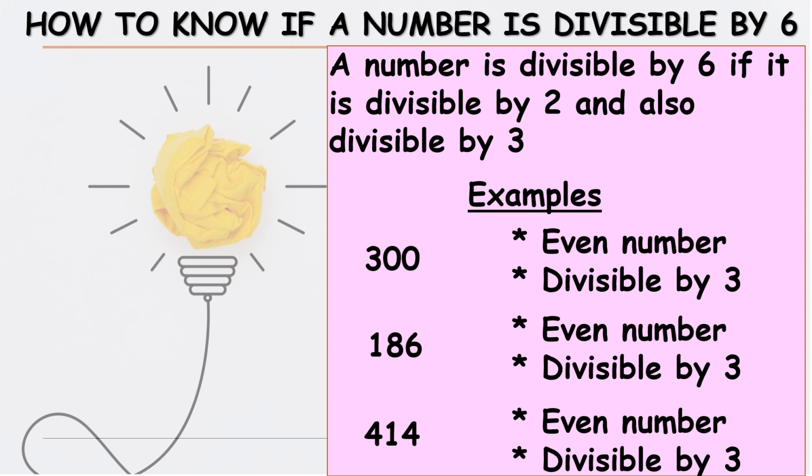That summation 9 is divisible by 3. Therefore, the entire number 414 is divisible by 3. So it has satisfied the even number and also the divisibility by 3. Therefore, 414 is divisible by 6.